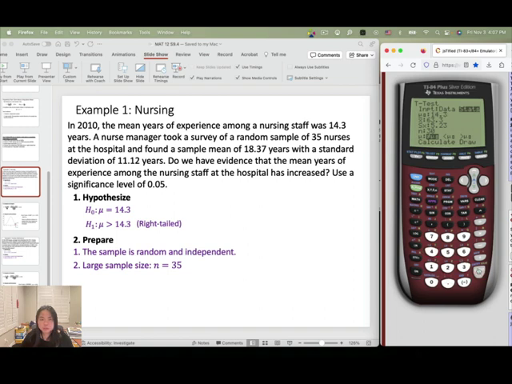Sample mean 18.37, and then sample standard deviation, sample size 35. And then we have greater than. The alternate hypothesis is going to be greater than, and then calculate. Enter.